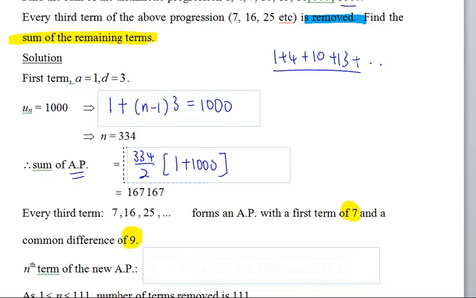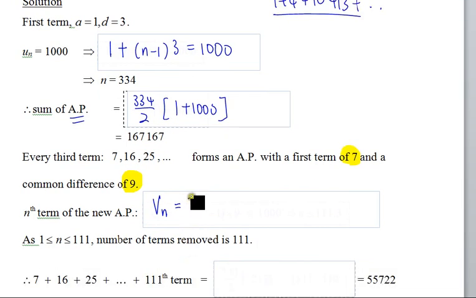If you want to be super sure, what we can do is this. Let's try and form an inequality. You are saying that V_n, the nth term of the new AP, equals 7 plus n minus 1 times 9, because this is the first term and this is the common difference 9. You want this to be smaller than or equal to 1000.